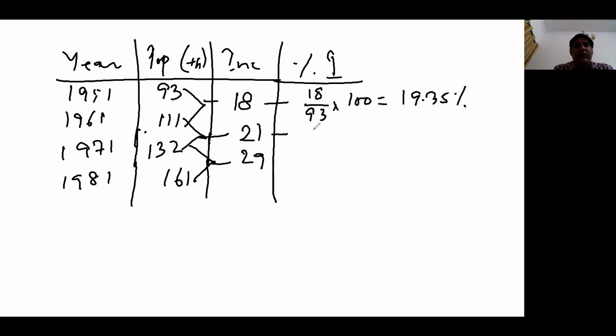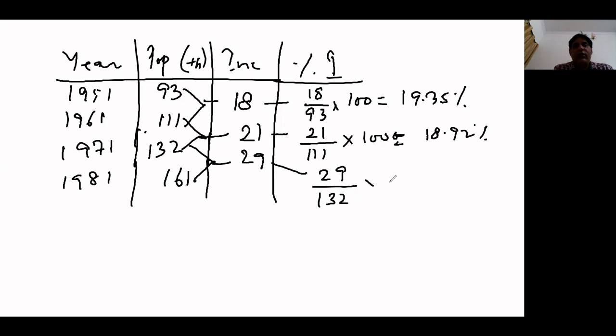What is the increase here? 21 upon 111 into 100, and the population increase goes as 18.92%. The increase here is 29 by 132 into 100, and the population is 21.92% increase.